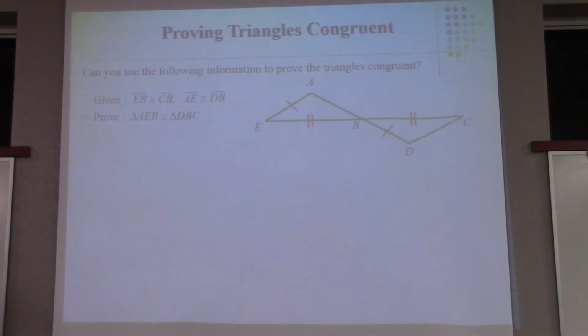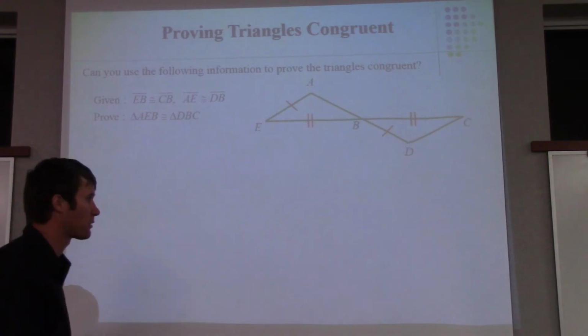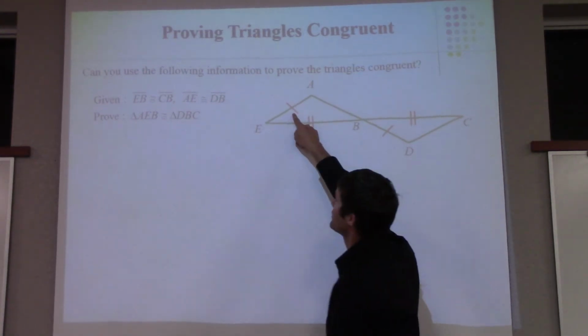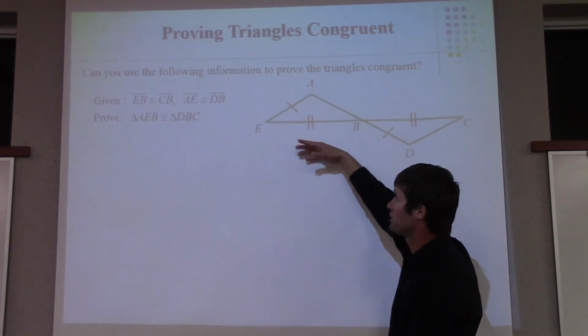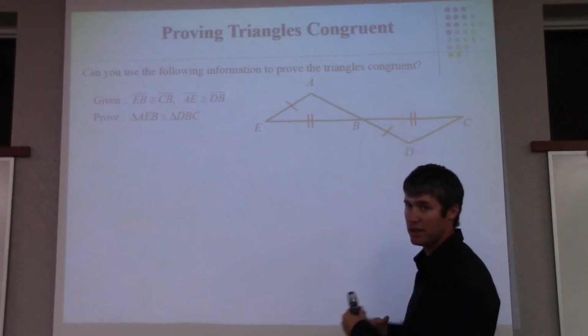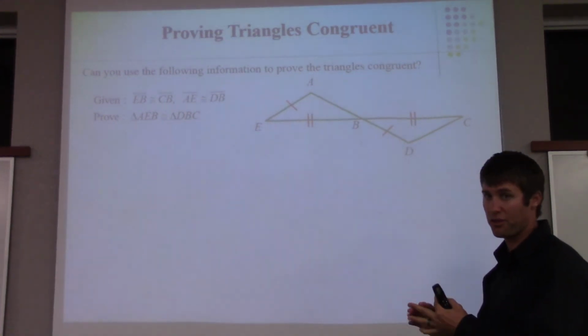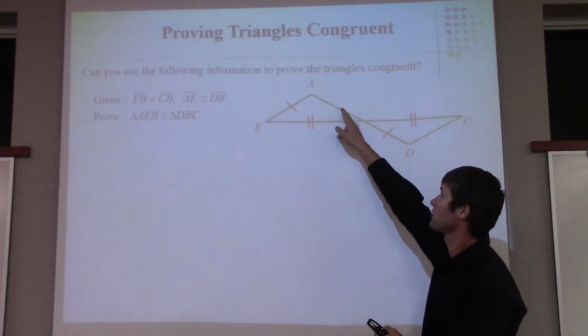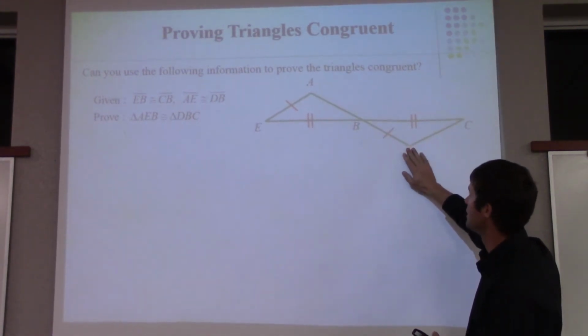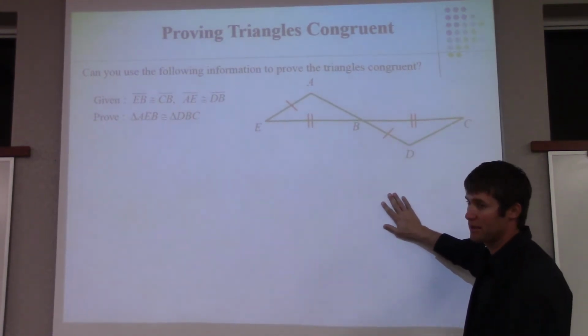So I come through here. We want to prove, can you conclude that the following information is enough? Well, let's go ahead and look at our proof. We have two sides given to us. If we're going to use side, side, side, we would need a third side. Do I know that this third side is congruent to this third side? Well, there's nothing given to us.